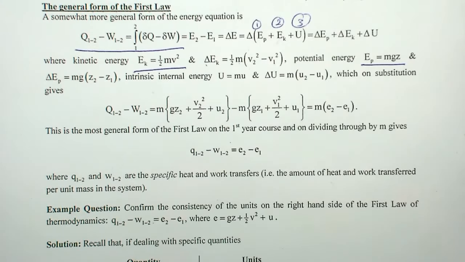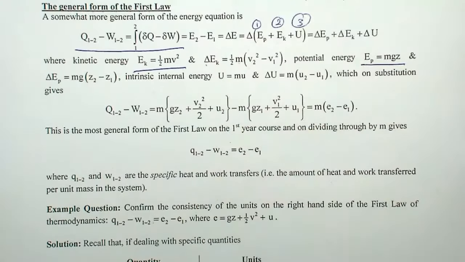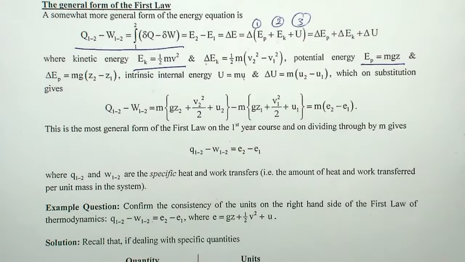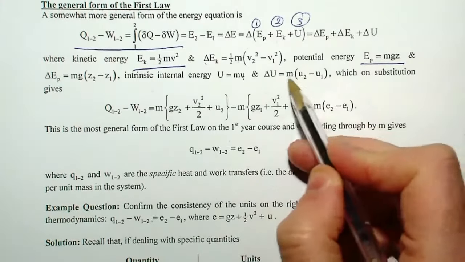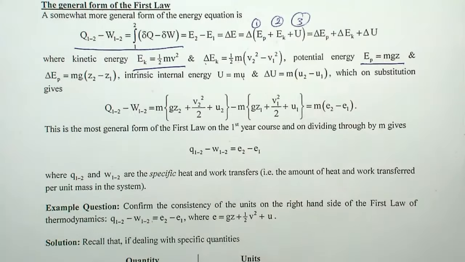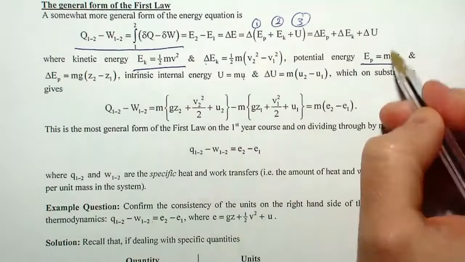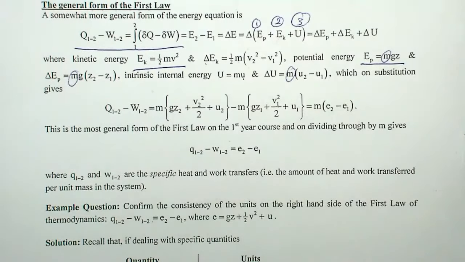The only way that we can define it really is by relating the capital U, which is the intrinsic energy, to small u, which is the specific intrinsic internal energy. And of course, the change is just m times u2 minus u1. Note that in all these three equations, you have m, m, m. I'll come back to this in a moment.